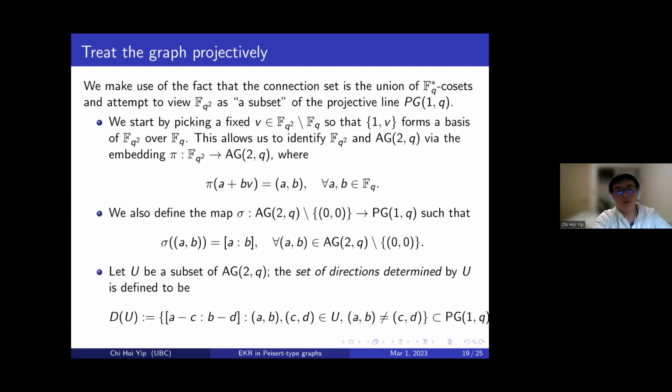We just need to view F_{q^2} as a two-dimensional space over F_q. So we can find a basis, say 1 and v, and then we can define this embedding by sending a + bv to (a, b). This allows us to go from F_{q^2} to AG(2,q). Next, we would like to go from AG(2,q) to PG(1,q), which is just the projective line over F_q. And this is easy. We just replace the coordinate (a, b) by its homogeneous coordinate.